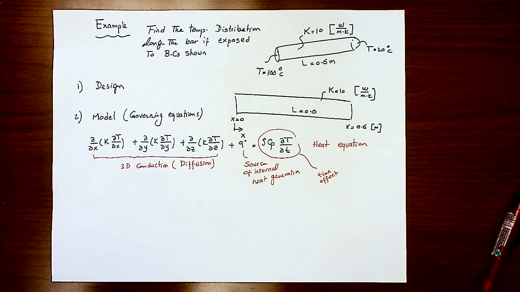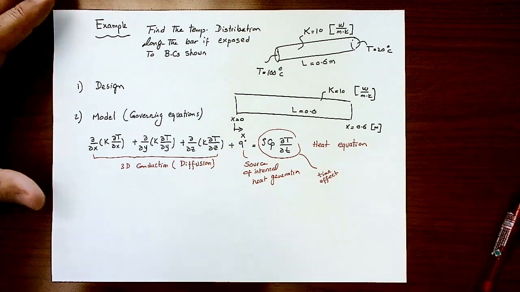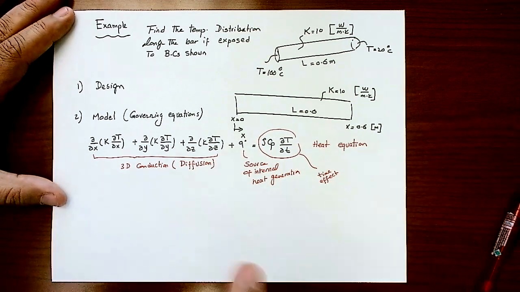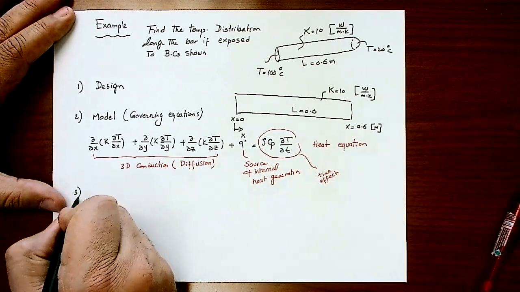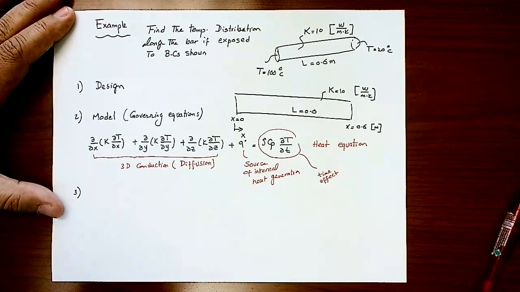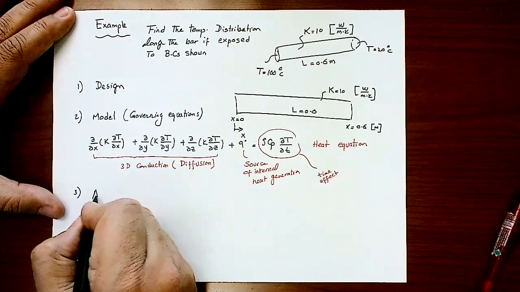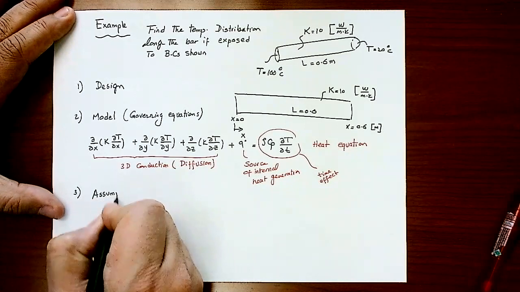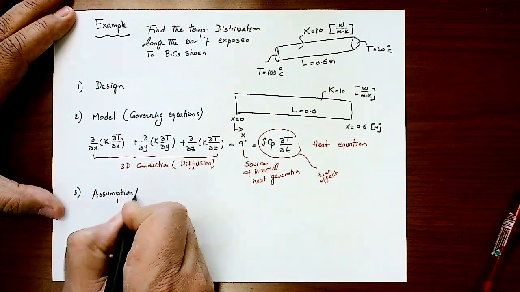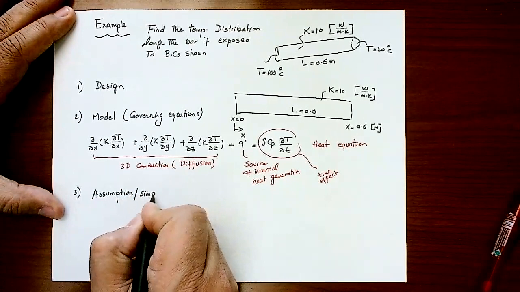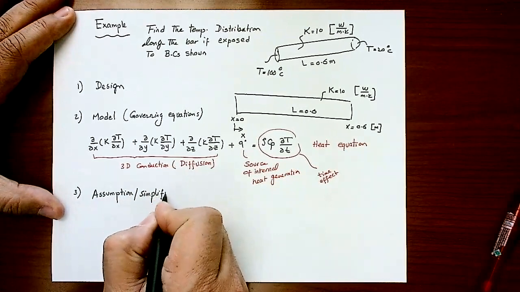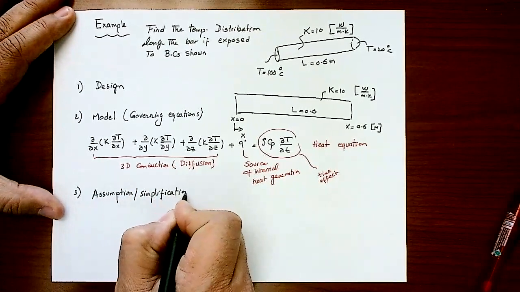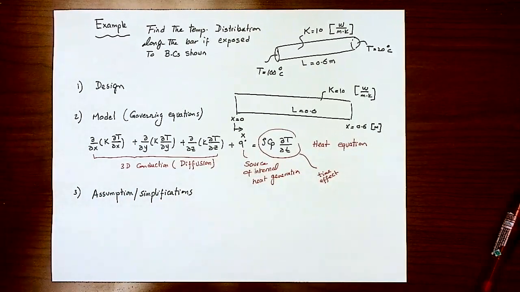So this is the second step. This is my model. What's the third step? According to the chart or the diagram that we introduced before, you go back and look into that: assumptions and simplification. That's your call. This is how accurate you want your results to be.